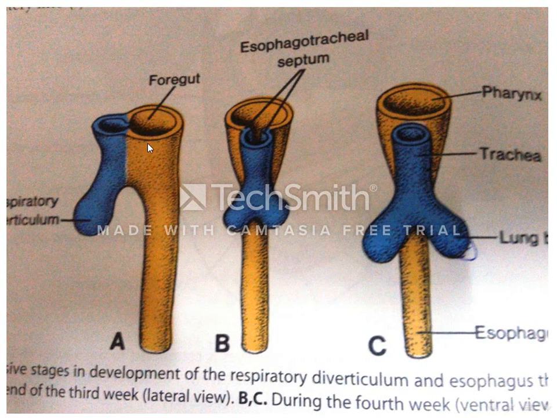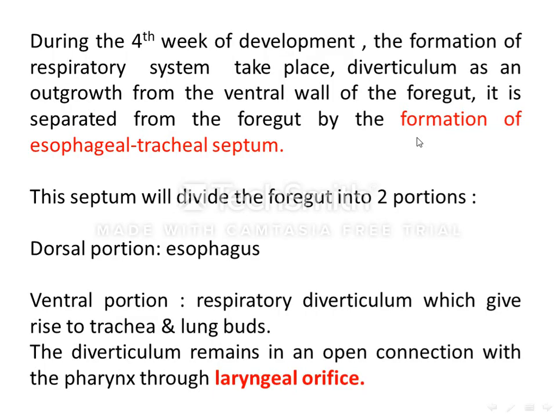This is a lateral view, while this is a ventral view. Here is the opening of the respiratory diverticulum, and here is the opening of the foregut. They are a common tube. Then there is a septum between the trachea and the esophagus to separate the common opening into two openings for the esophagus and the trachea.